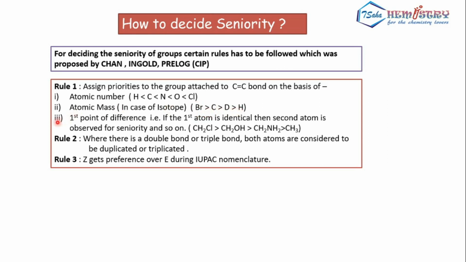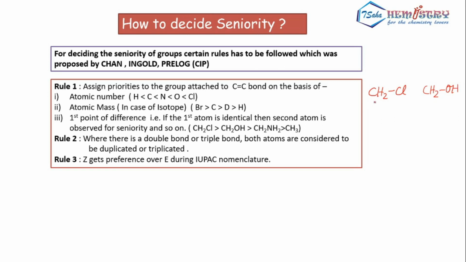Now the third point says the first point of difference: if the first atom is identical, then the second atom is observed for seniority and so on. Let me explain this particular point. Suppose you have CH2Cl, and you have CH2OH if you replace this chlorine.